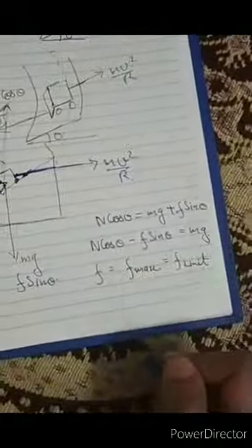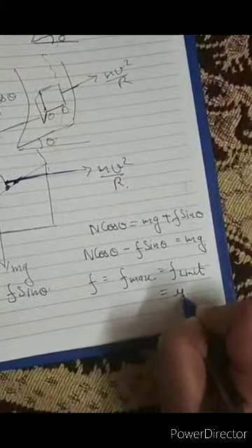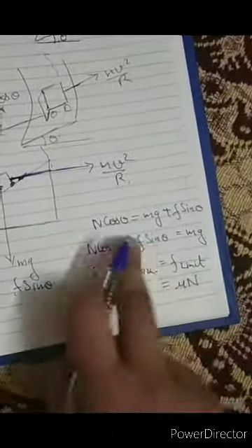And what is the value of the limiting friction? It is equal to mu into n. Putting mu n in this equation, we are left with n cos theta minus mu n sin theta is equal to mg. So this is my equation 1.